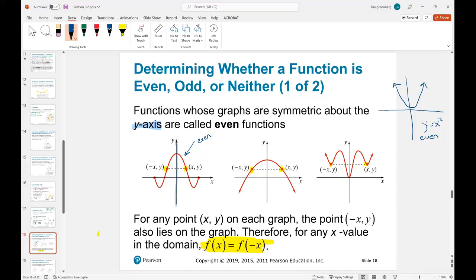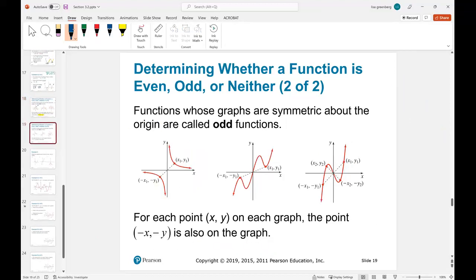You can't always go by that. You have to know a lot more than that to say. You have to either know what the graph looks like or know some other things. But for now, if I have a graph and it's symmetric around the y-axis, then it's even. If I don't have a graph, then I have to use the algebra, and I'll show you how to do that.